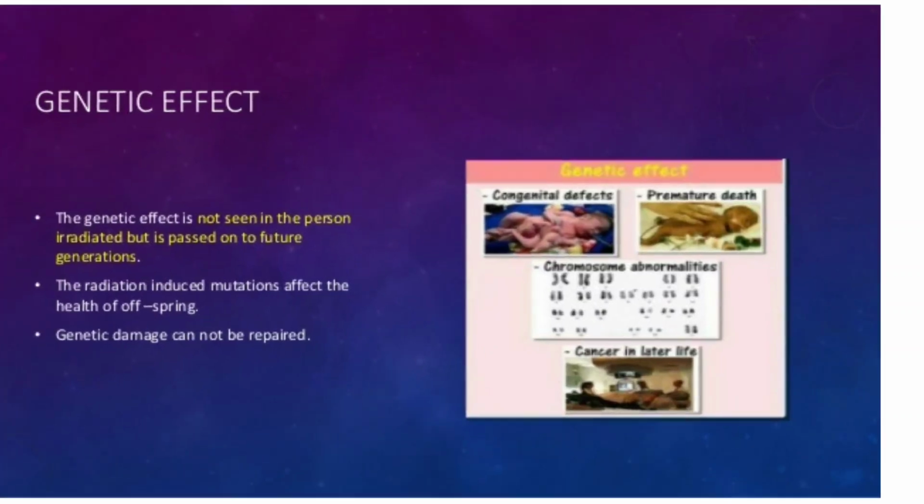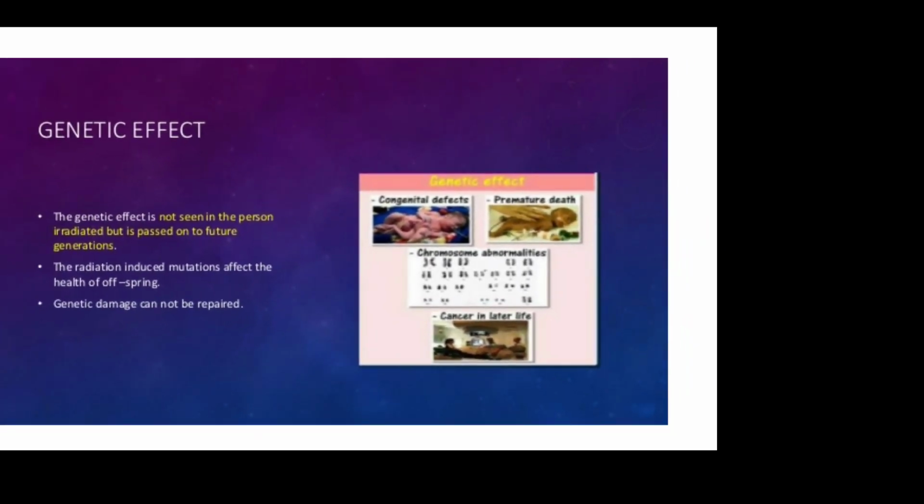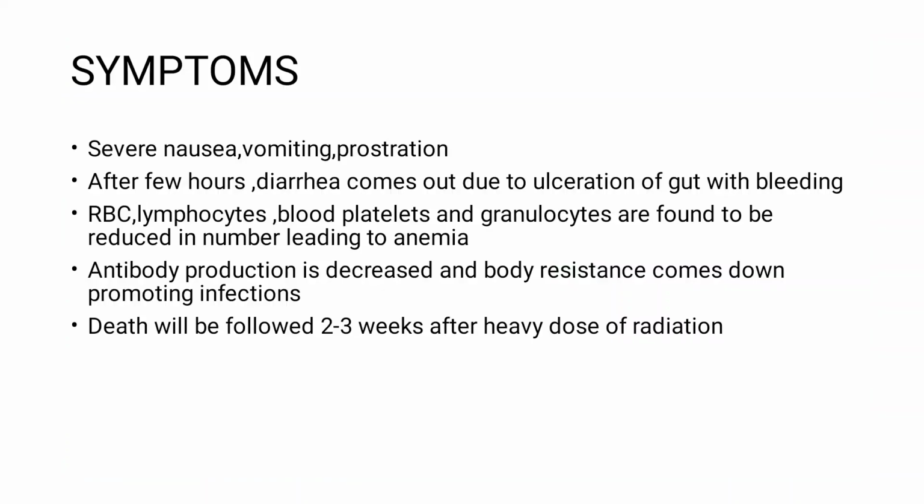So mainly genetic effect leads to congenital defects, premature death, chromosomal abnormalities and cancer in later life. So these are the genetic effects. Mainly they lead to congenital disorders and affect reproduction and heredity.